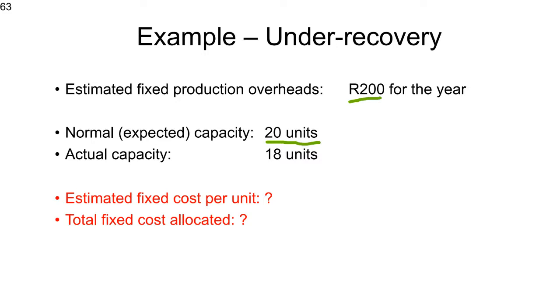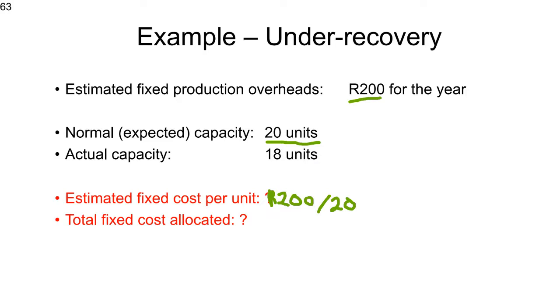Our estimated cost per unit is going to be 10 Rand. How did we get that 10 Rand? We said 200 Rand divided by 20 units. Happy? That's how we got the 10 Rand.